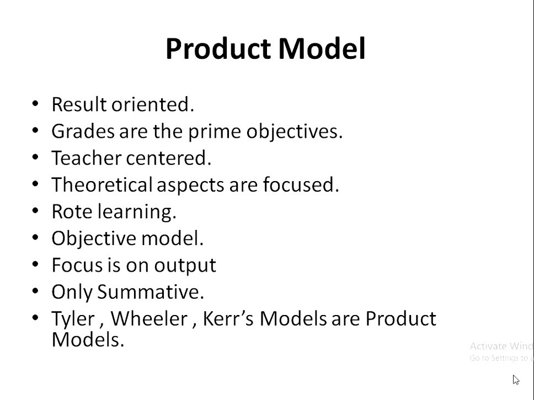And that is why, as I have already mentioned, this type of product model is result oriented. So from that point of view, we can say it is also known as what? Objective model. Okay, and here focus is specifically on output. Okay, focus is not on the input, but on the output.